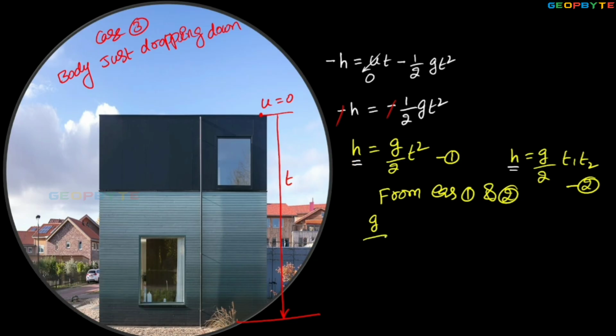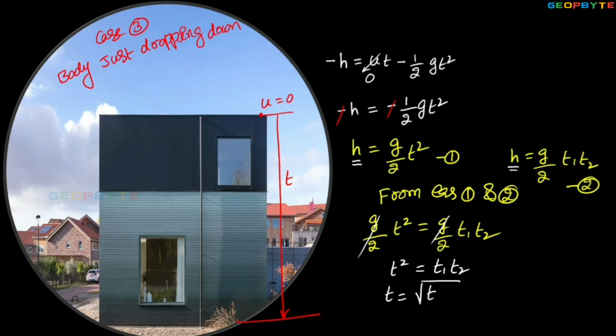Then g by 2 t square equal to g by 2 t1 t2. This g by 2 part is cancelled. Finally t square equal to t1 t2, or t equal to root over t1 t2. That is the time required for just dropping down in terms of t1 and t2.